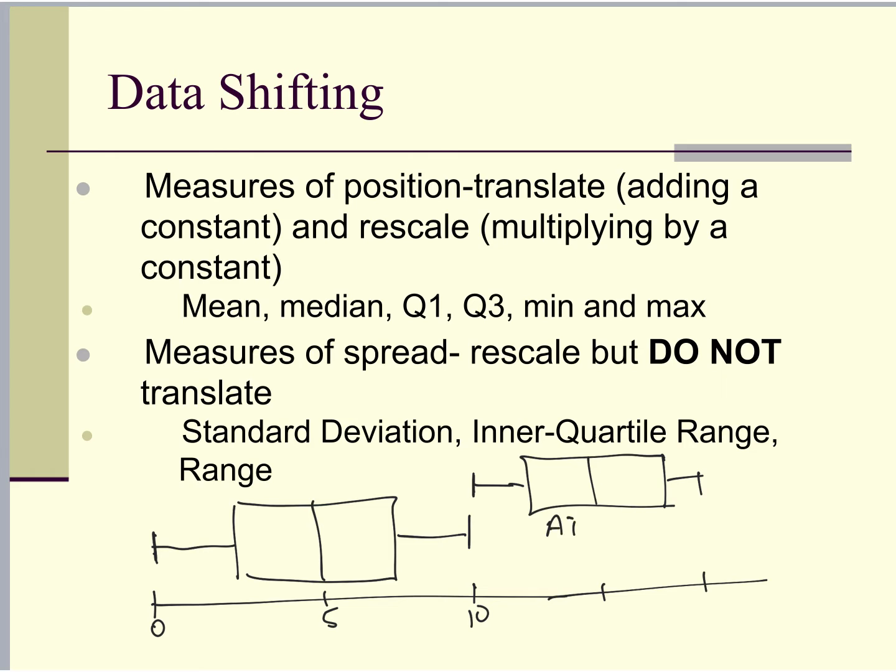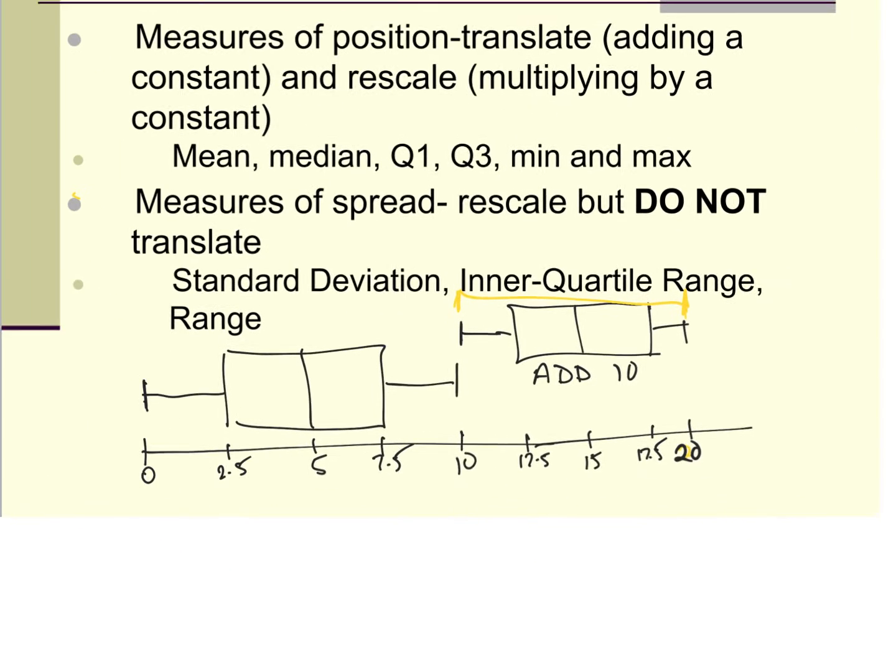So if we add 10 to all the data points, everything else moves up 10. And notice that my range between here and here is still 10. My interquartile range is still 5, let's make that 2.5 to 7.5, just simplifying our calculations. Our interquartile range and range don't change, and in turn, neither does the standard deviation.